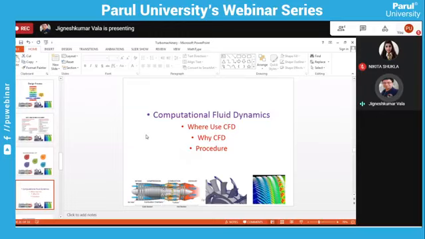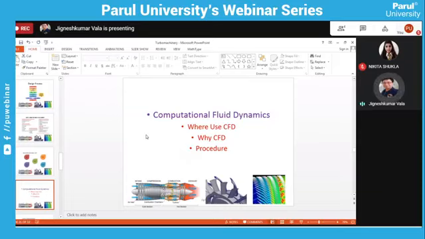So now the introduction part of computational fluid dynamics. Computational fluid dynamics is the analysis of systems involving fluid flow, heat transfer, and associated phenomena such as chemical reaction by means of computer-based simulations.